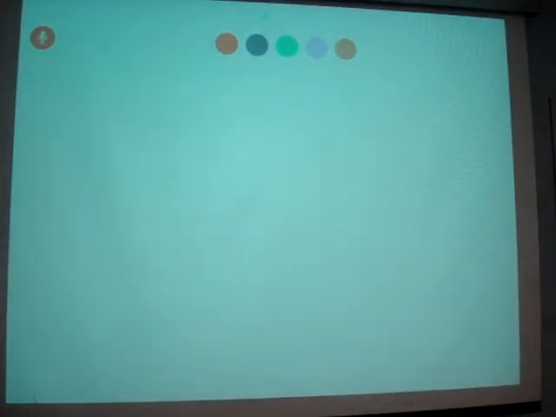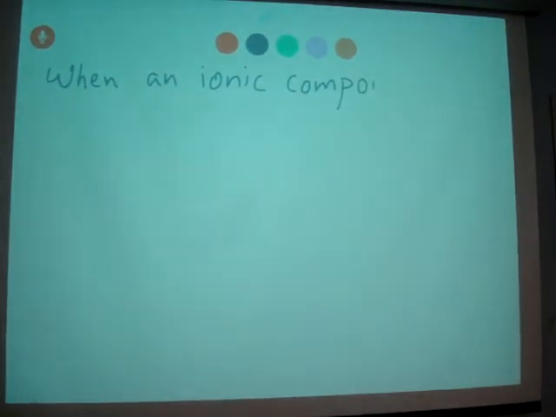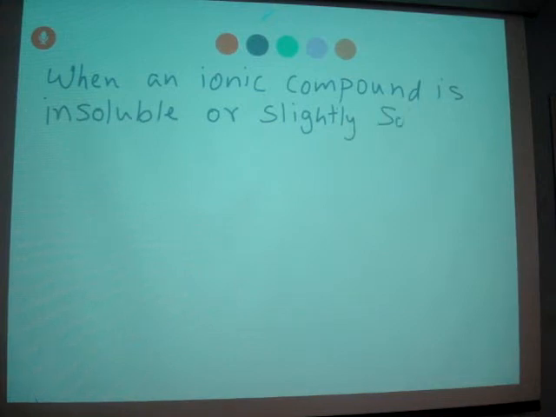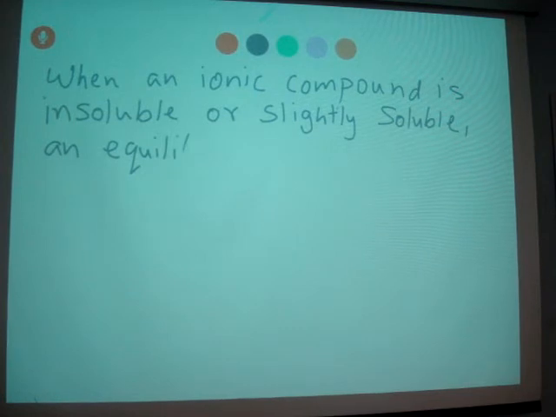So, now, when an ionic compound is insoluble or slightly soluble, then an equilibrium is established.